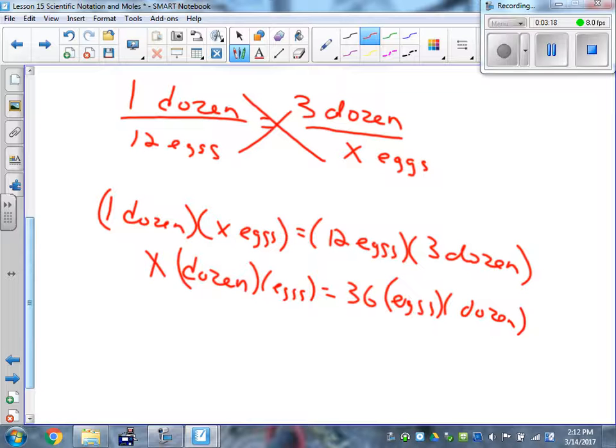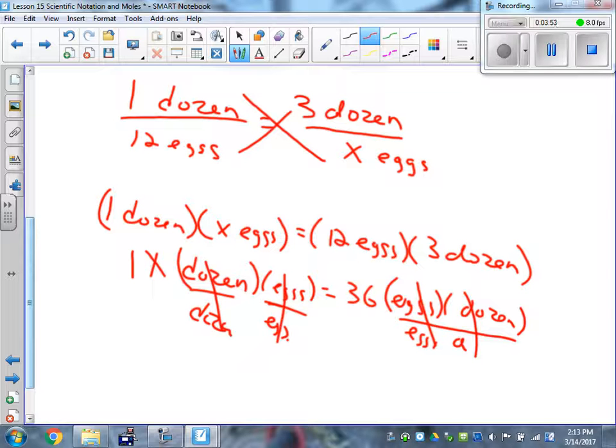You divide both sides by 1, which seems silly, to get rid of the number out front. If I divide by dozen and eggs on this side and get rid of dozen and eggs on the other, x is 36. You are going to be canceling out some of the units that go with that.